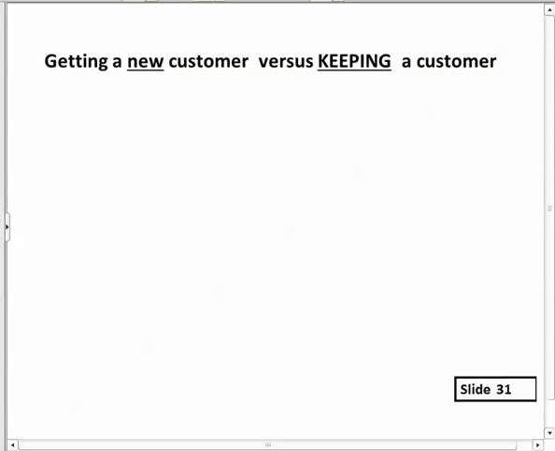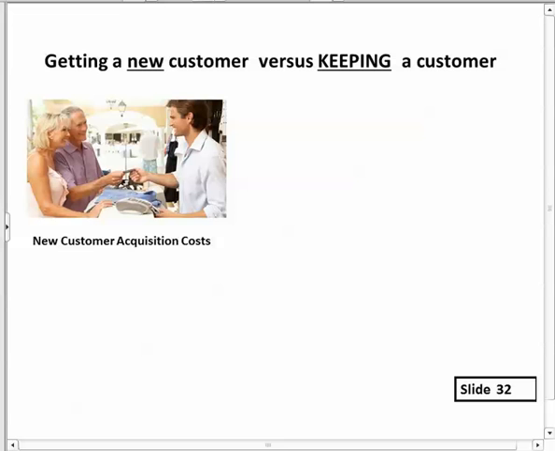Okay. Now, one thing to remember in your strategy is that it is much easier to keep a customer than it is to get a new customer. So what are we talking about? Well, we know that there's a lot of additional initial advertising and initial hand-holding and initial working with the customer to get them to commit to buy from you.